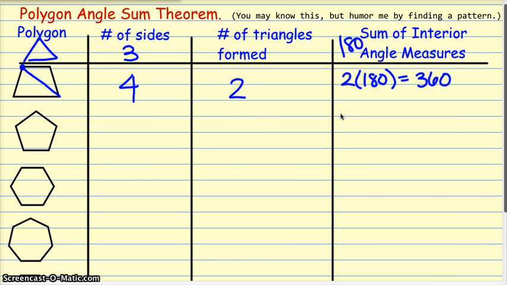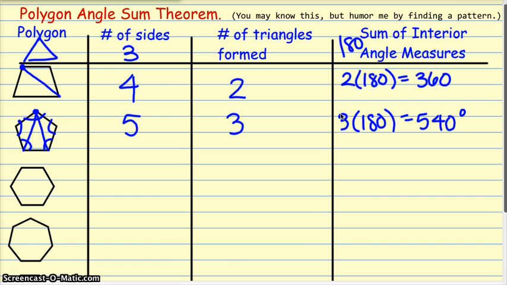Pick a point, and it can be any point, and make a diagonal straight across the shape to the opposite side, and there happens to be in a pentagon a second diagonal. 5 sides, we constructed 3 triangles, so 3 times 180 ends up equaling 540. So a pentagon has 540 degrees if you were to add up all the inside angles. So these angles here all add up to 540.